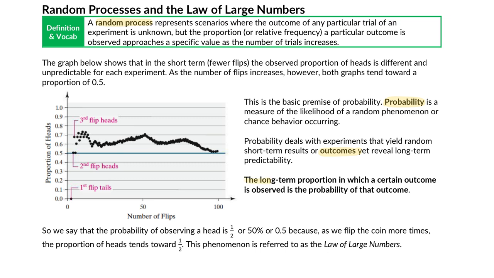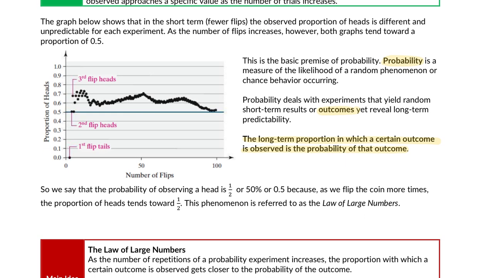The long-term proportion in which a certain outcome is observed is the probability of that outcome. Because if we had stopped after 1 flip, we'd have said there's a 0% chance of getting a head when you flip a coin because we got a tails the first time. But what we do with these experiments in probability is we repeat them a large number of times so that we even out this random process to what is truly the probability.